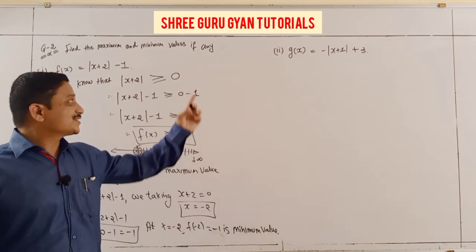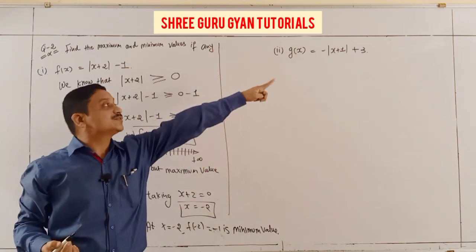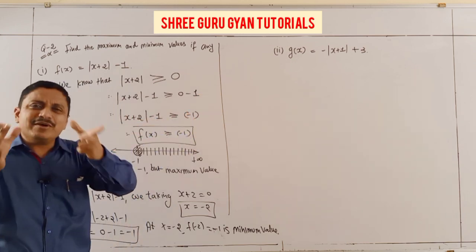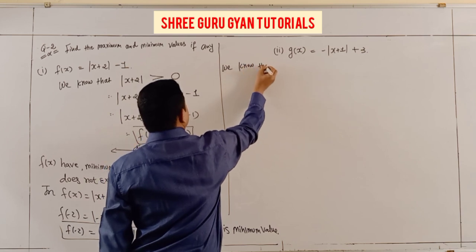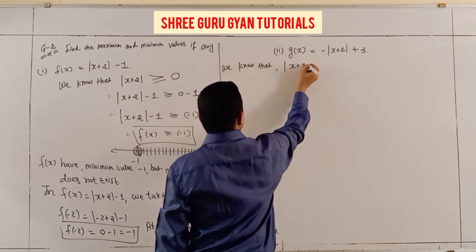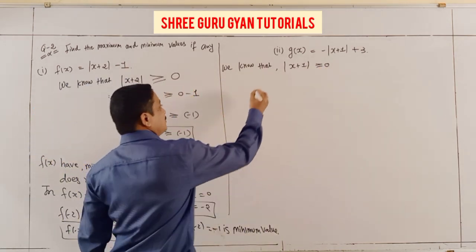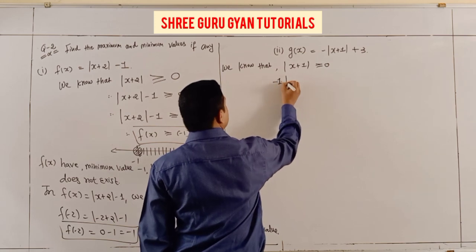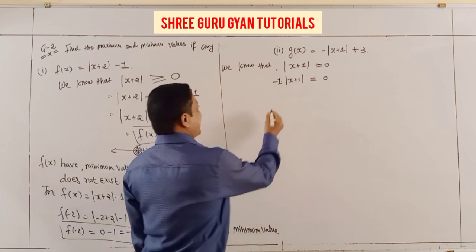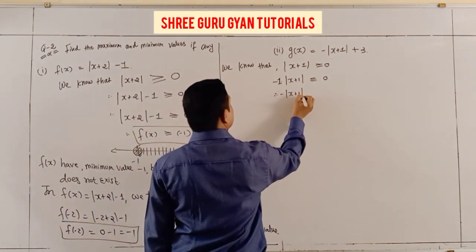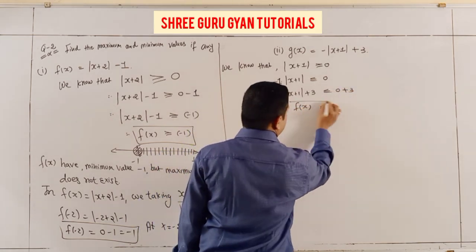Now continue students, question number 2. The second function is given, g(x) = -|x+1| + 3. Same explanation. We know that every modulus is greater than or equal to 0. But outside is minus, so you apply that minus with the modulus. It is less than or equal to 0. Now, -|x+1| + 3, indirectly your f(x) is less than or equal to 3.